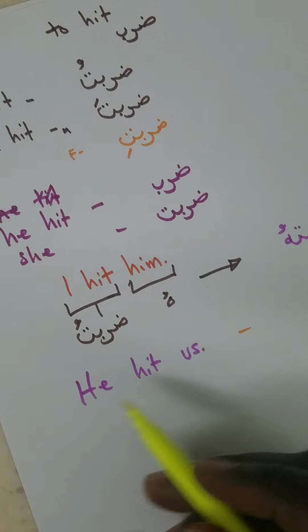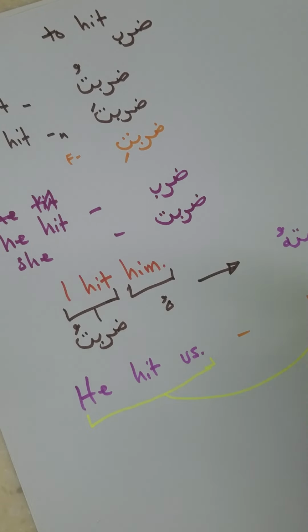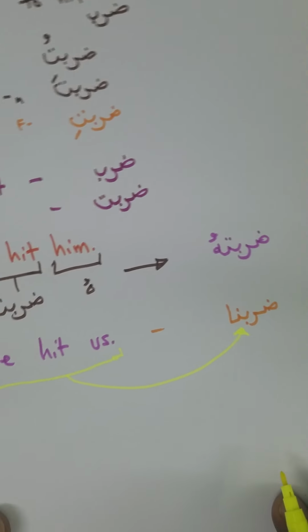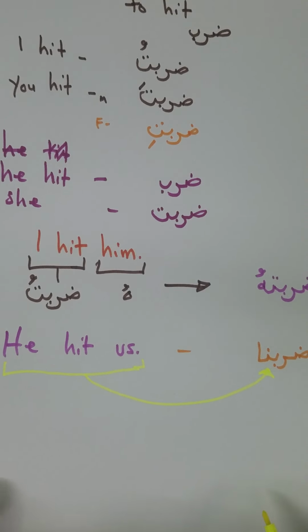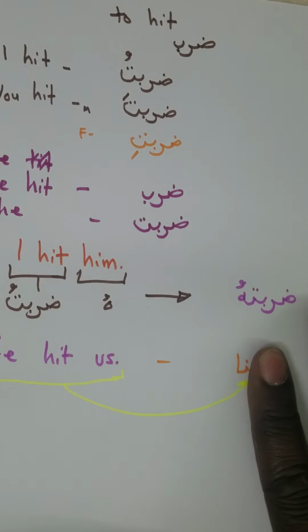You are looking at three words being joined into one word. If you give them a keen look, keen attention, you can see three words being put into one small word. Darabna, he hit us, with us coming here, na.